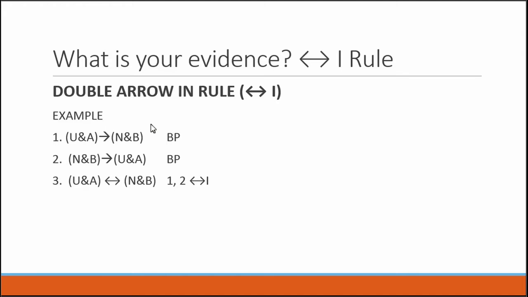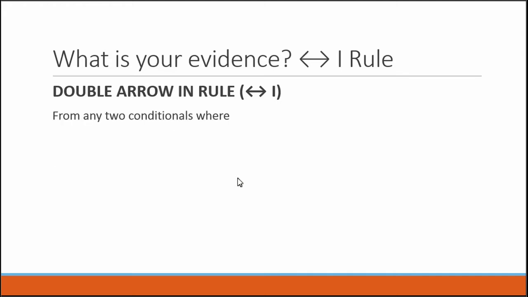Again, we cite two lines, line 1 and line 2, since they contain the corresponding conditionals. We could also have inferred instead if N and B, double arrow, U and A. Again, citing lines 2 and 1. And double arrow in. Okay, so those are our two new rules.